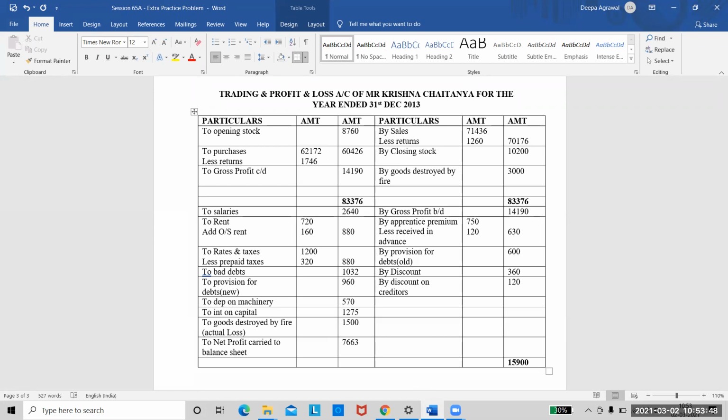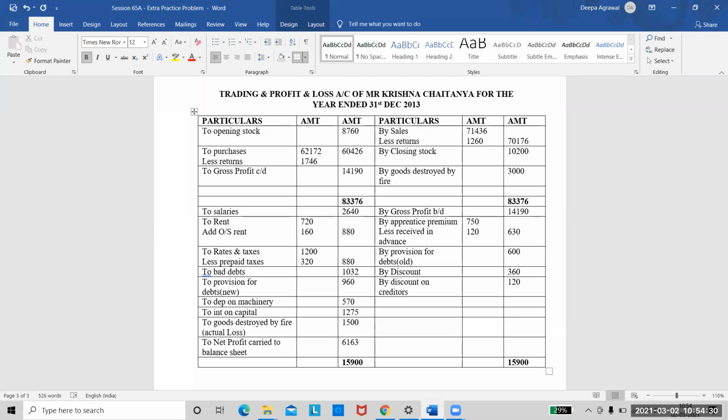Check the debit total once. Debit total is 9737. Minus 15,900 it gives. Please check the debit total. The net profit and debit total appear to be wrong. Tell me the debit total quickly. 9737. Now tell the net profit. 6163. Is this correct now? Others also please check if this is correct.